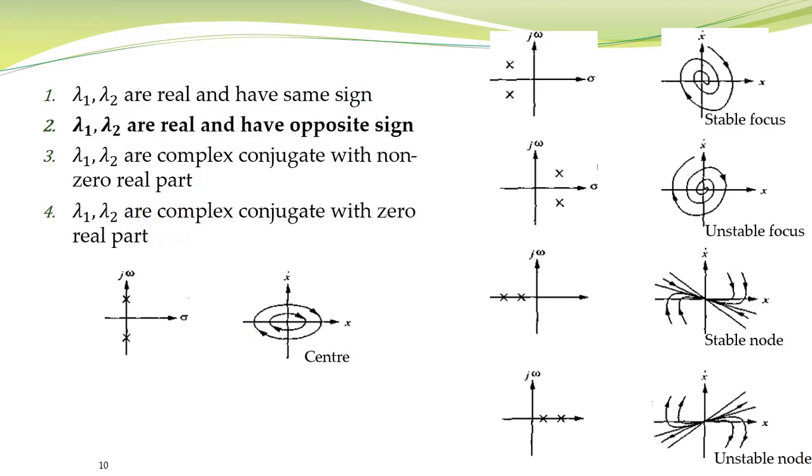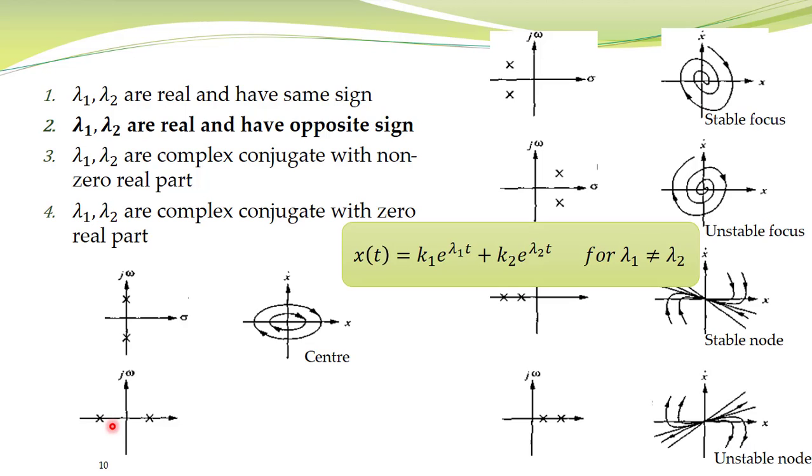And we are left with one more possibility, that is lambda 1 and lambda 2 are real and have opposite sign. So what will be situation over here? That is one eigenvalue is positive, one eigenvalue is negative. So what will be the plot of system trajectories? What is solution in this case? Solution, if lambda 1 and lambda 2 are not equal, then this is solution.